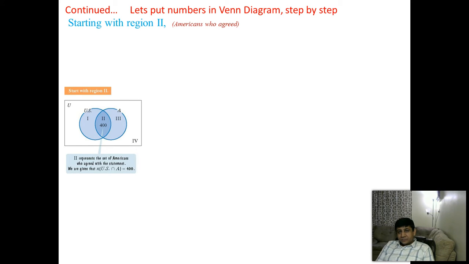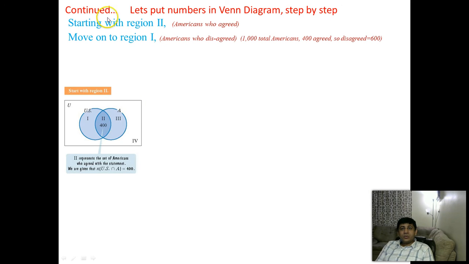Starting with region 2, it's always easy to work with. This region is common to both sets, so it represents those Americans who agreed, the intersection of US and A. So we have numbers in one region.